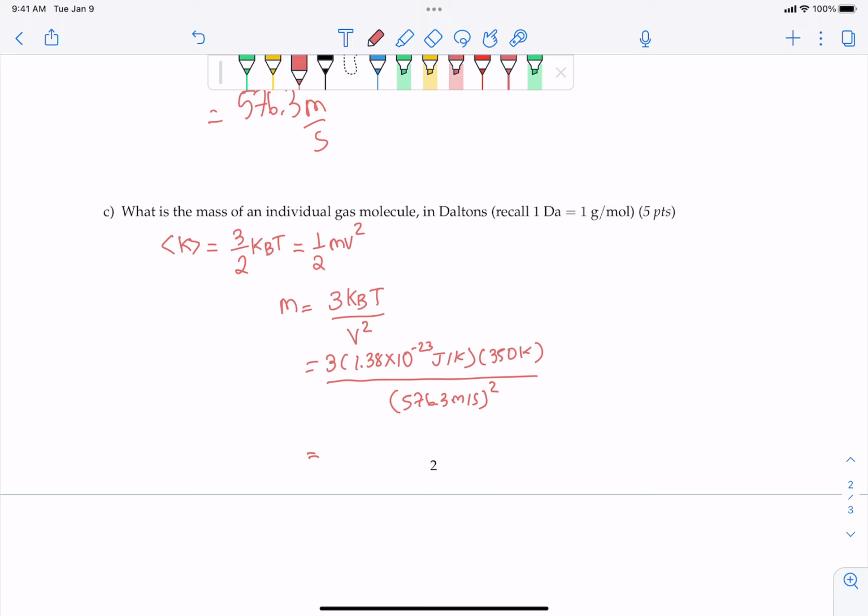Yep. 4.36 times 10 to the negative 26 kilograms. Yep, sounds about right to me.